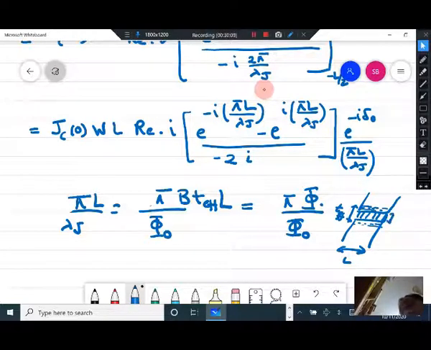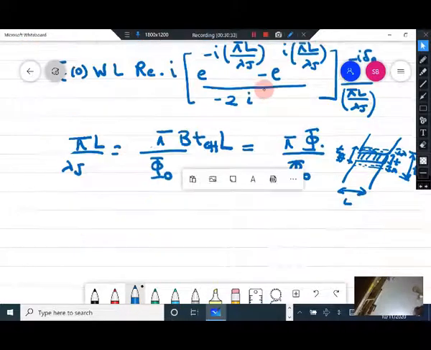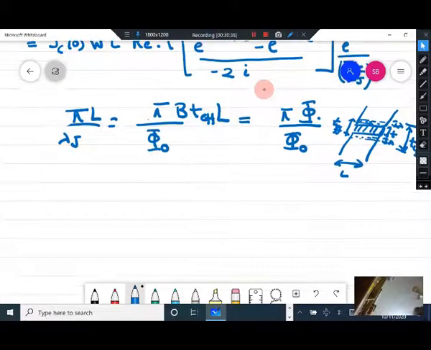So if this is the thickness T and there is an extra lambda penetration up to this, then this entire distance is T effective. We take it that this T effective into L, and the magnetic field is actually penetrating perpendicular to this junction, so there will be magnetic flux present in this junction. That will give us the flux.